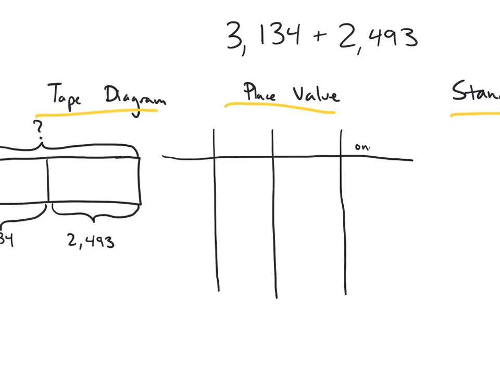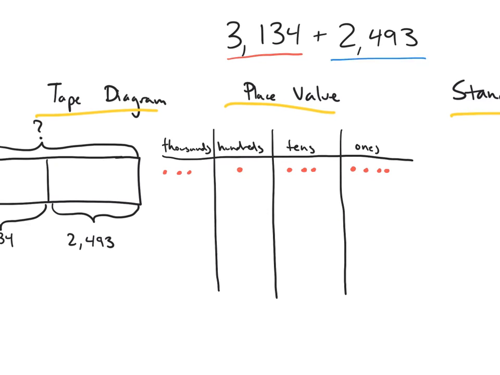So I have my ones place, tens place, hundreds place, and thousands place. And the first thing I'm going to do is represent the number 3,134 in disks. Starting with my ones, I have 4 ones, 3 tens, 1 hundred, and 3 thousands.